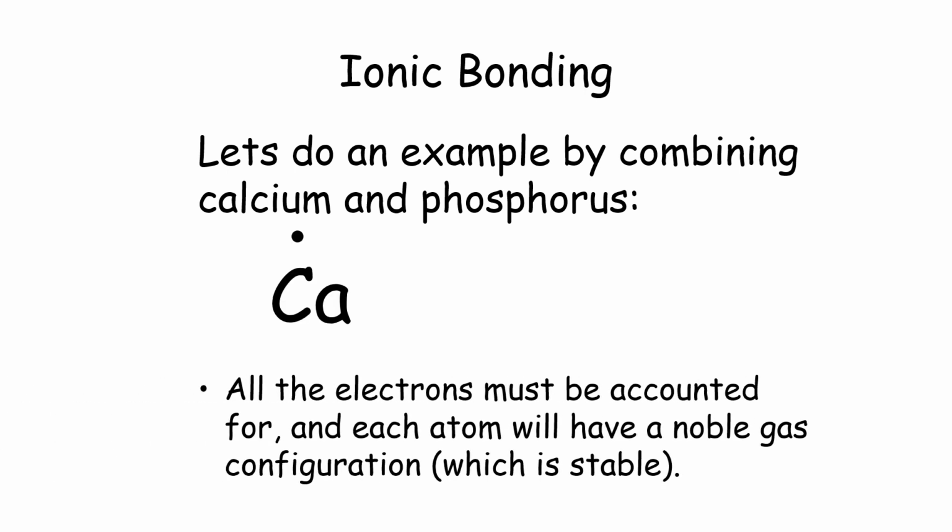Here we have calcium that has 2 valence electrons, and here we have phosphorus that has 5 valence electrons. Both of them definitely want to have a stable, complete octet. Calcium wants to get rid of those 2 electrons, and phosphorus wants to have 8 valence electrons. So phosphorus, because it's a nonmetal, is going to gain electrons, and calcium is going to lose those 2 electrons.